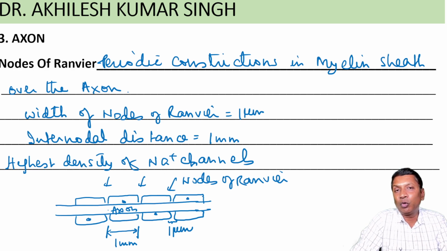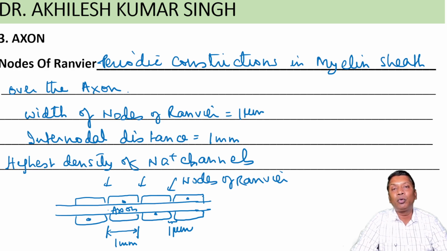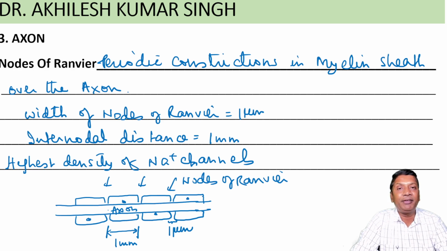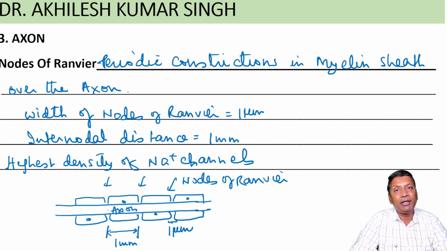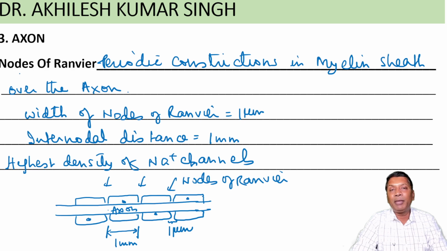And also know one more thing about the node of Ranvier, that the first node of Ranvier is the site of generation of action potential in the sensory neuron. But in the motor neuron, it is the initial segment of the axon which is the site of generation of action potential.